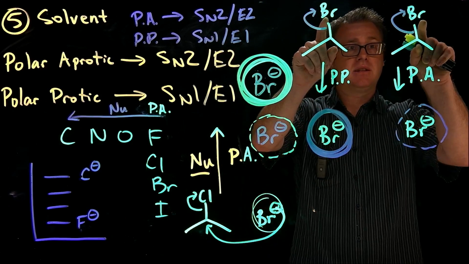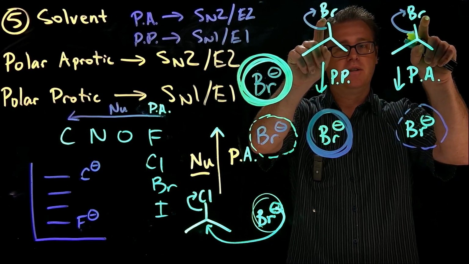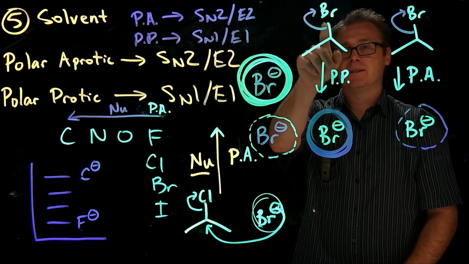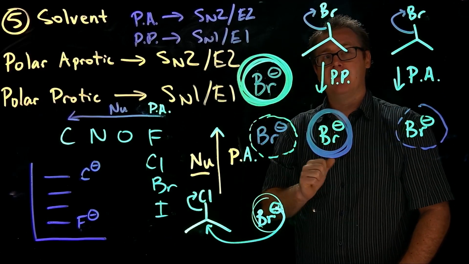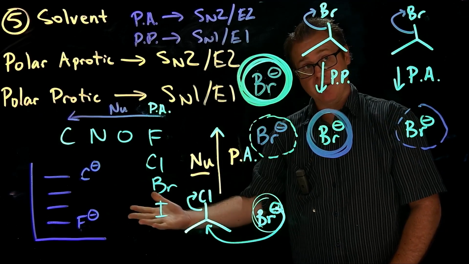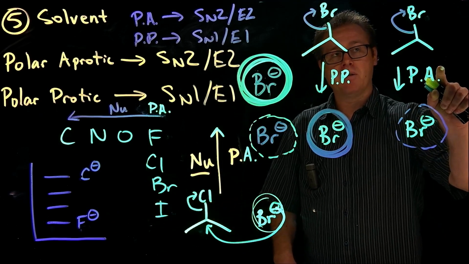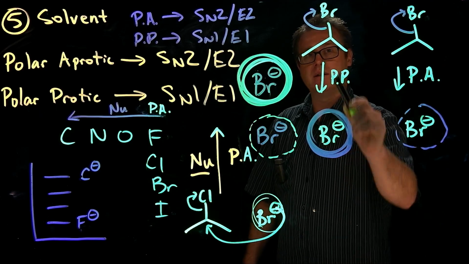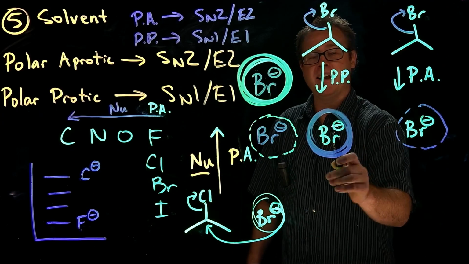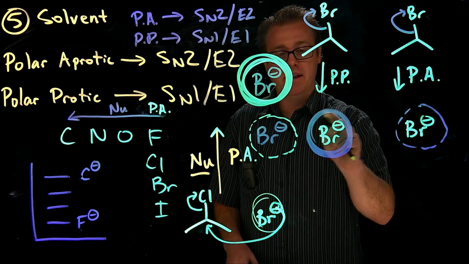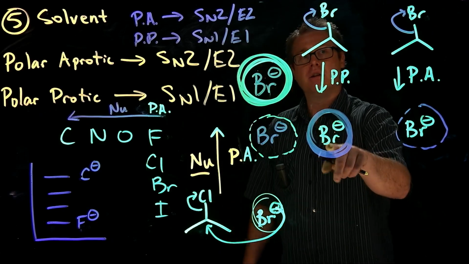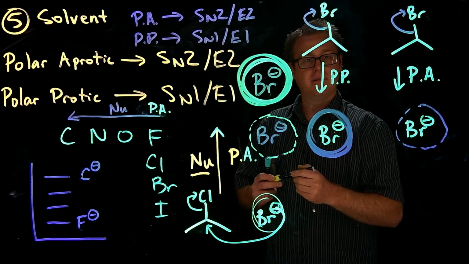So that guy leaves, that guy leaves, but which one's going to want to leave more earnestly? Now, in this case, they're both the same leaving group. But you can see that in polar protic solvents, the bromine's going to want to leave. It will leave easier than in polar aprotic solvents, because in polar protic solvents, when it leaves, it becomes an anion, and when it's solvated by the solvent, that makes that bromide lower in energy.